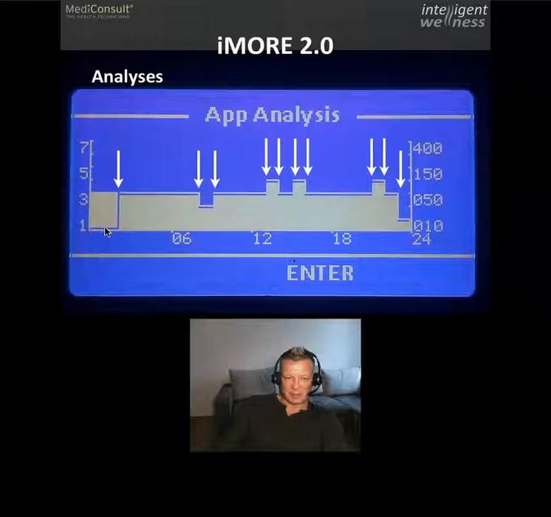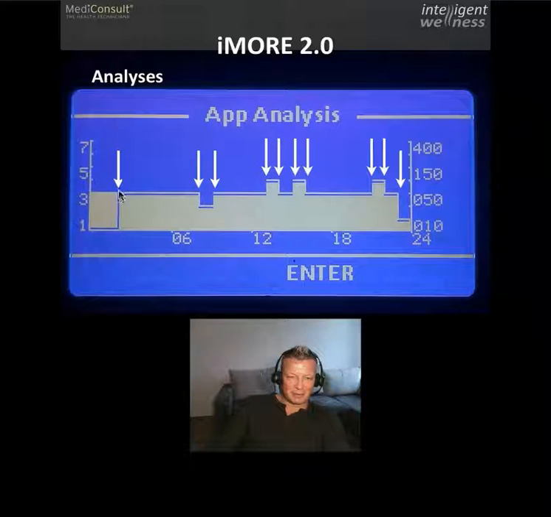So there was nothing at the beginning, and after 2 minutes we got the first benchmark here, which is 3. So we start the imore setting with a heart rate variability of category 3. We also started the entire application with an intensity level of 50.